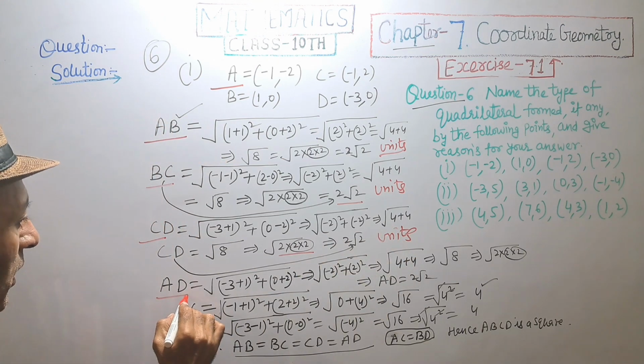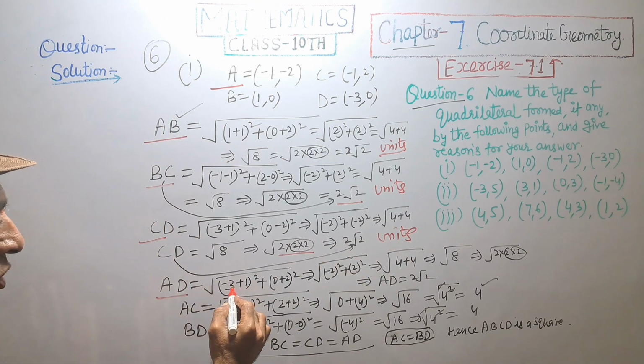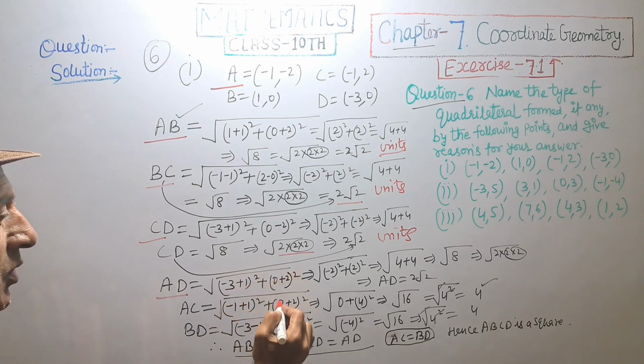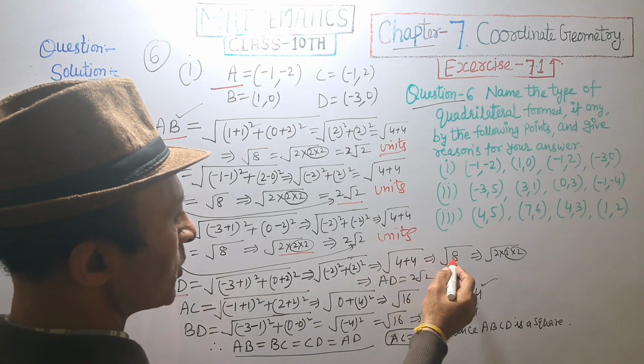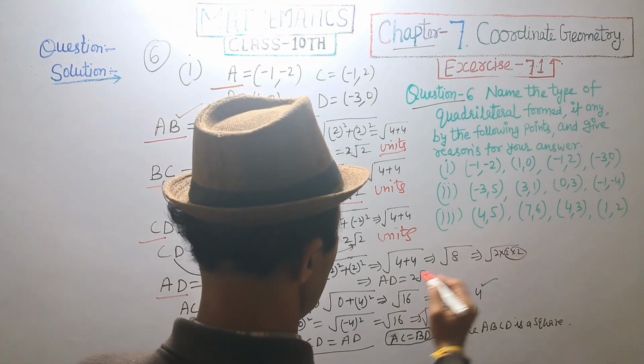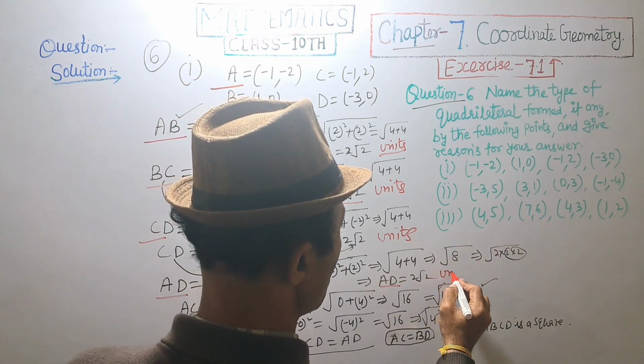And AD, by the distance formula, is the square root of (x2 minus x1) square plus (y2 minus y1) square, which is 4 plus 4, that is root 8, so AD is equal to 2 root 2 units.